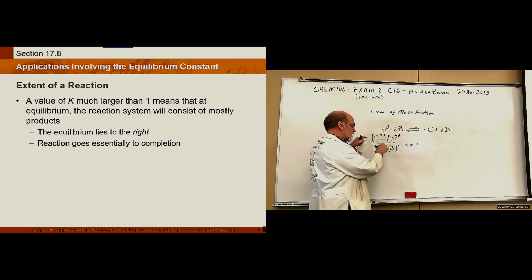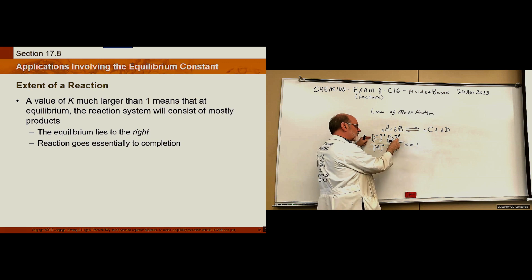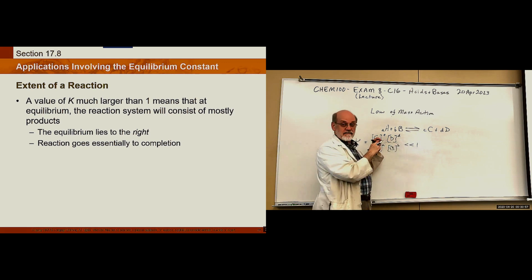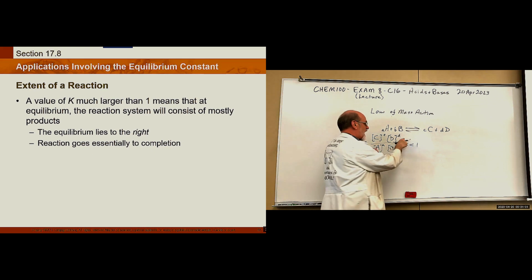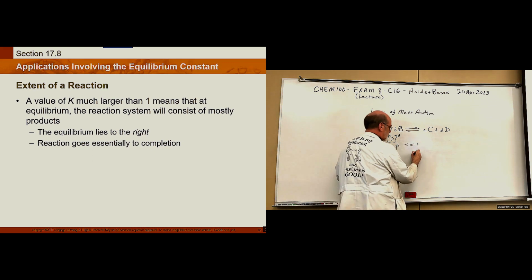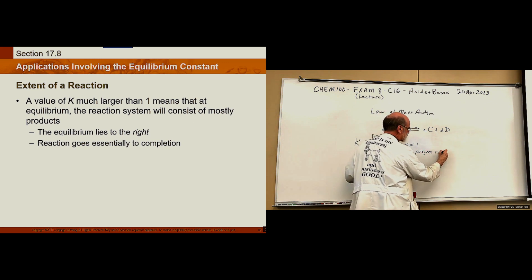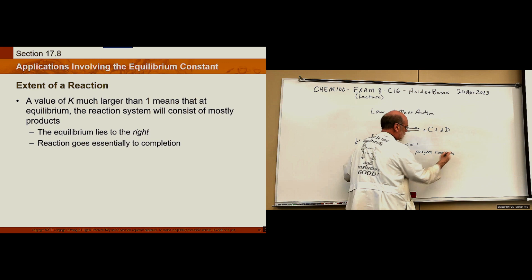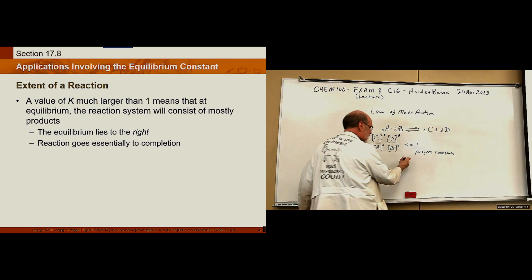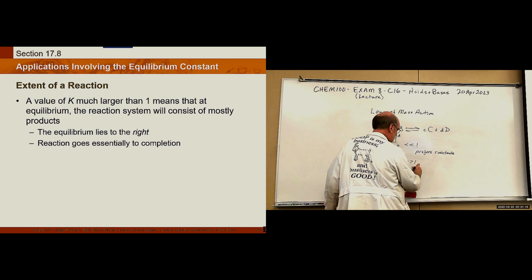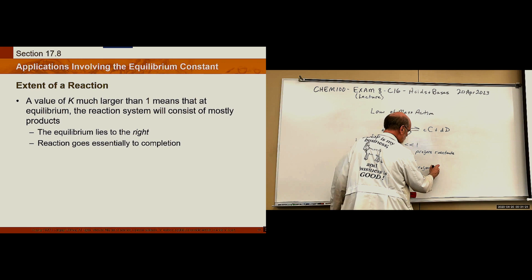What it tells us, since this is in the numerator and this is in the denominator, is that this term is very small relative to this term. That is, the reaction prefers reactants, if it's much less than 1. If the value is much greater than 1, then it prefers products.